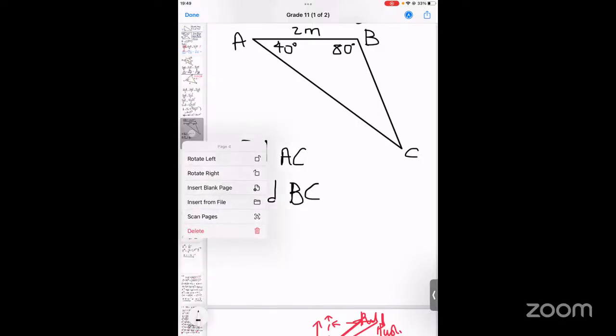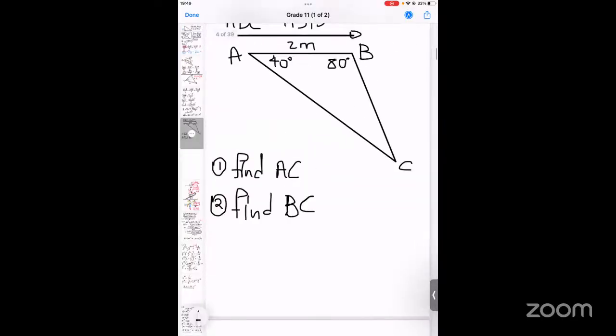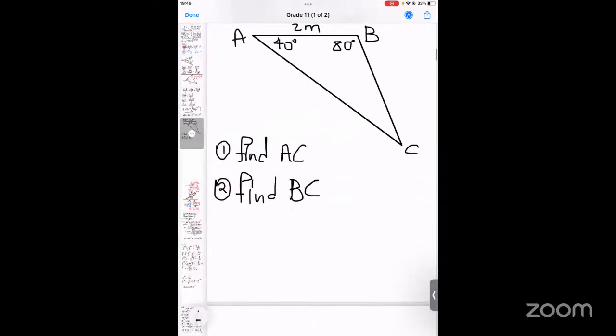Honorable members, this is how you work it out. If you want to know how to approach it, you have this angle, and you will need that opposite side being AC. That's what you're calculating. So you will need this angle just so that you can use that given side.